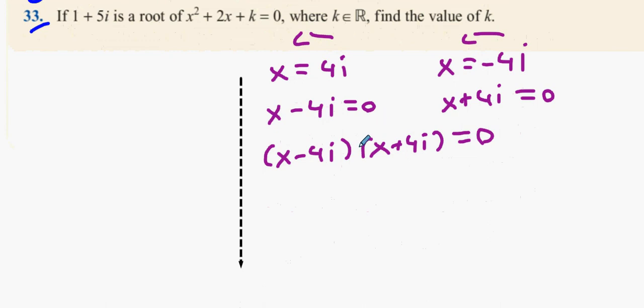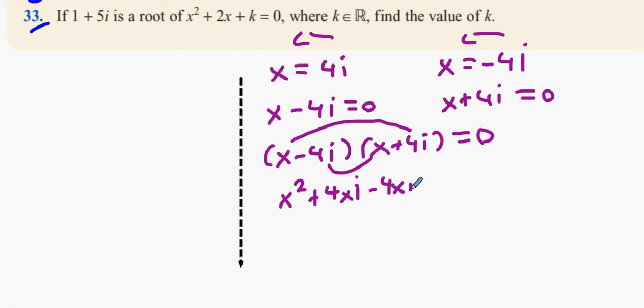x times x, x squared. x times 4i, 4xi. Right. 4i times x again, 4xi. And what's minus 4i by plus 4i?